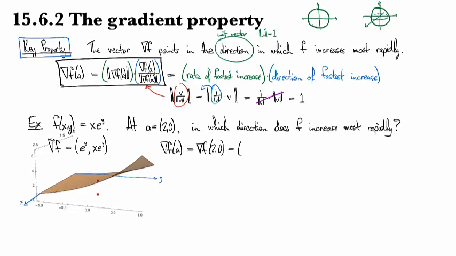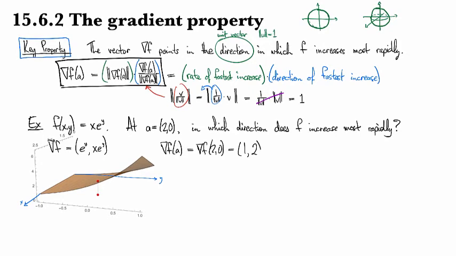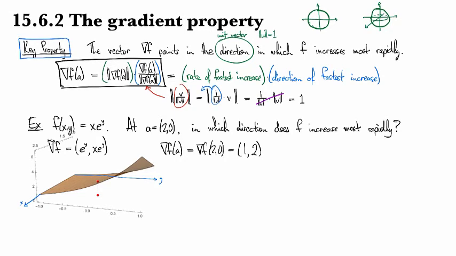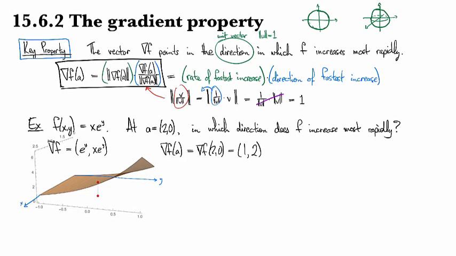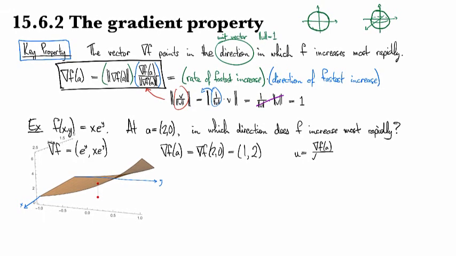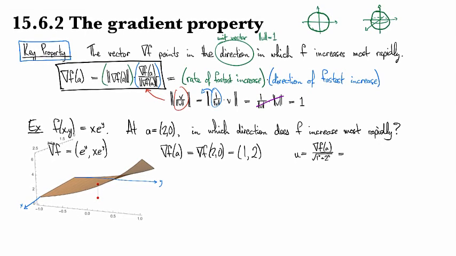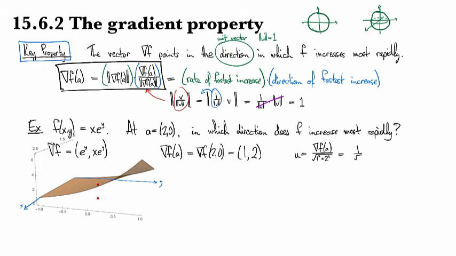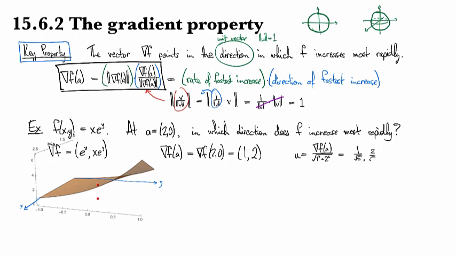And so we have e to the 0 is 1, and then we have 2 times 1 for the other one, so we get the vector (1, 2). If we find the corresponding unit vector in this direction, then we have grad f over square root of 1 squared plus 2 squared. So this is going to be (1 over root 5, 2 over root 5).